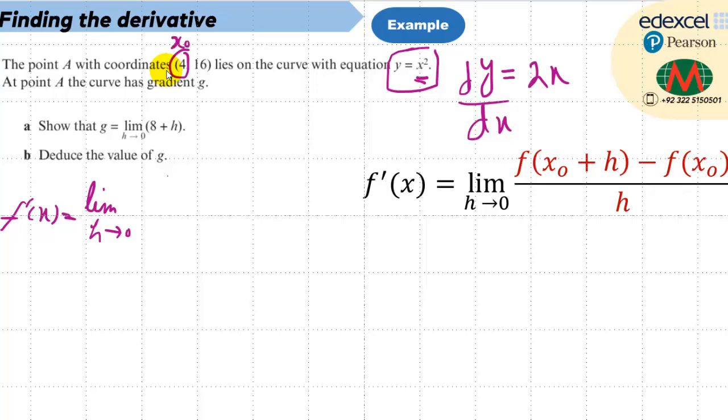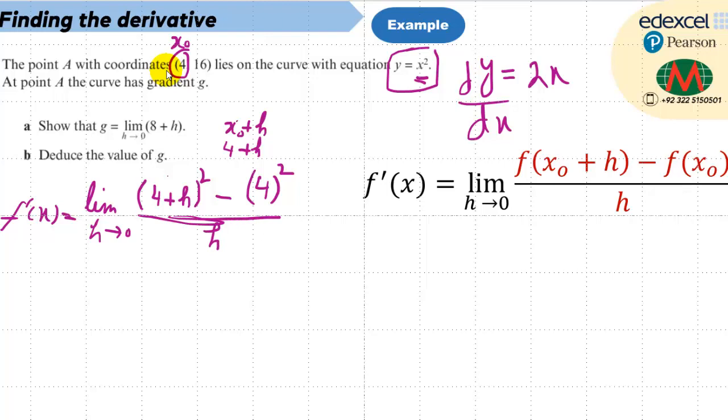So we put x naught plus h, and x naught is 4, so 4 plus h. We put 4 plus h into the function, and the function is x squared, so (4 plus h) whole square. And then f of x naught: we just put x naught, which here is 4, so minus 4 squared, divided by h.